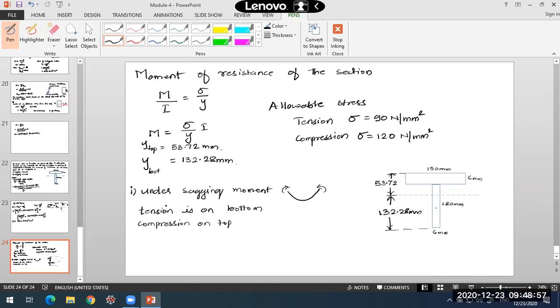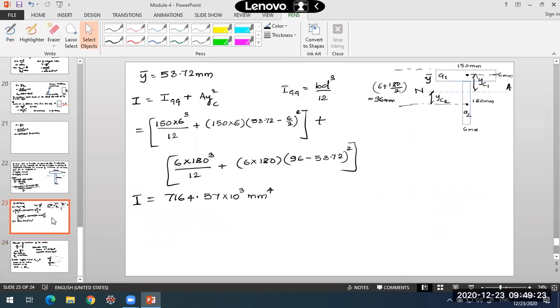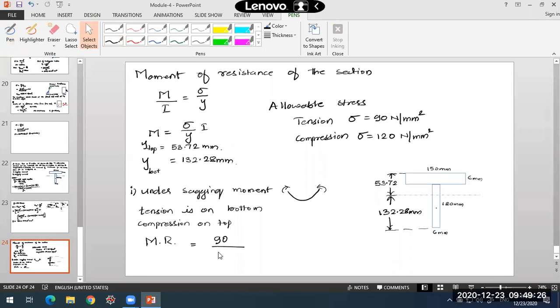So if you get the values of M from considering these two, what happens? We will calculate moment of resistance by taking the tension in the fibers first. What is the allowable stress in tension? 90, divided by, what was the I value for us? 7164.57.